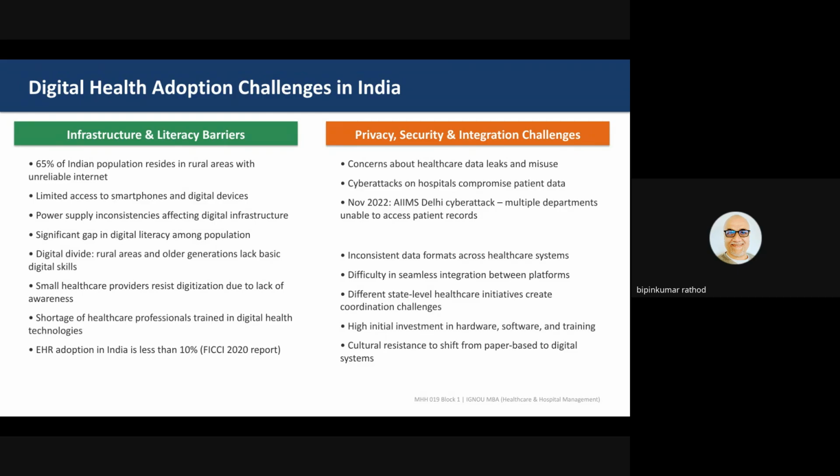So at least now we have an adoption cycle going on for digital health. But we will then elaborate how to address those barriers.